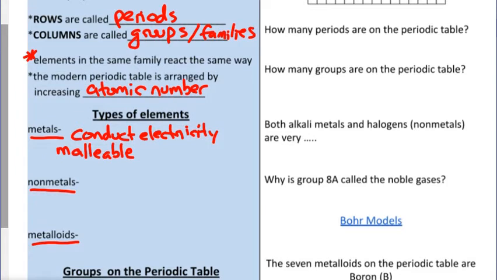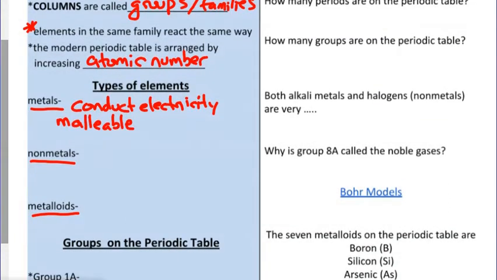If you think about a blacksmith hammering iron into different shapes, or over the anvil into different tools and whatnot. Not necessarily a skill utilized a lot today, but metals have that bending, malleable property to them. And then the last most important one is that they regularly donate electrons.